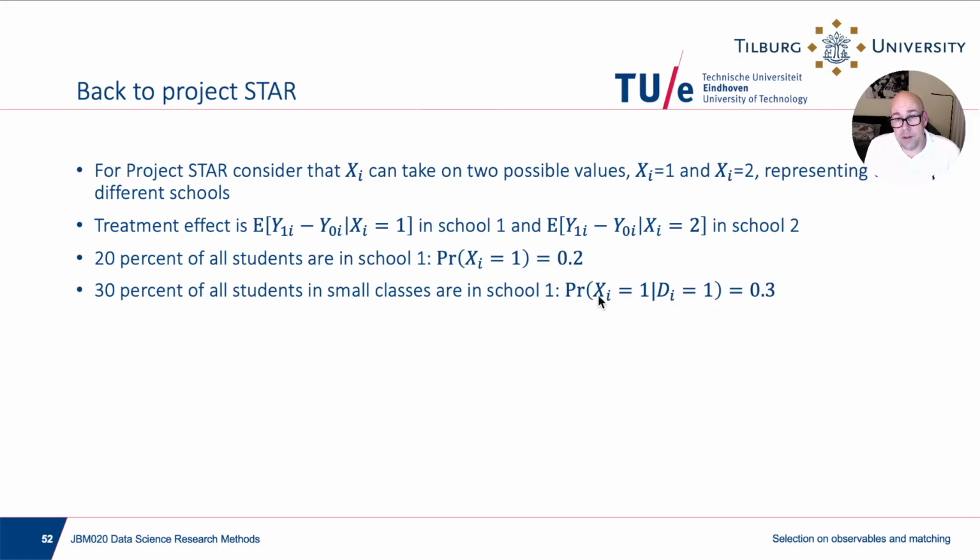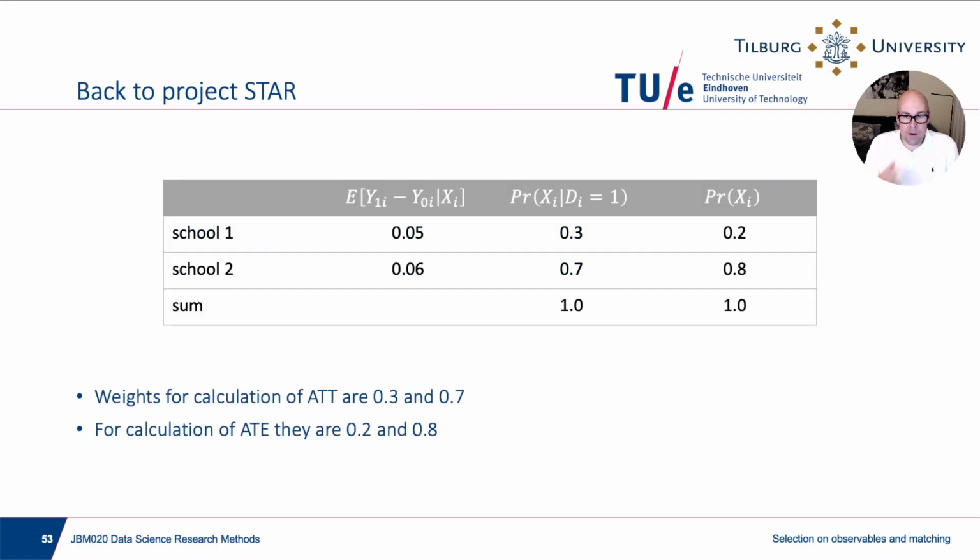And I have that 30% of all students in small classes are in school 1. So that would mean that the probability that x is equal to 1, given that a student has been treated, is 0.3, right? I can now put this into this table here. It looks a little bit like the table for advertising effects.